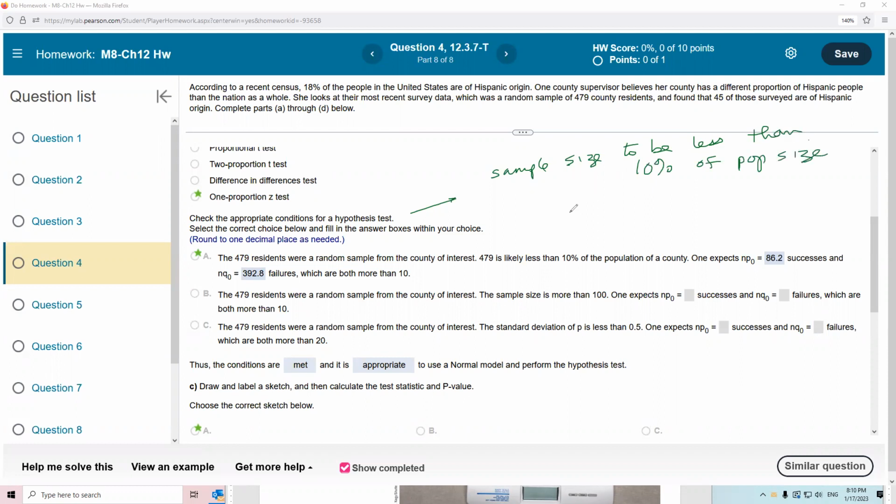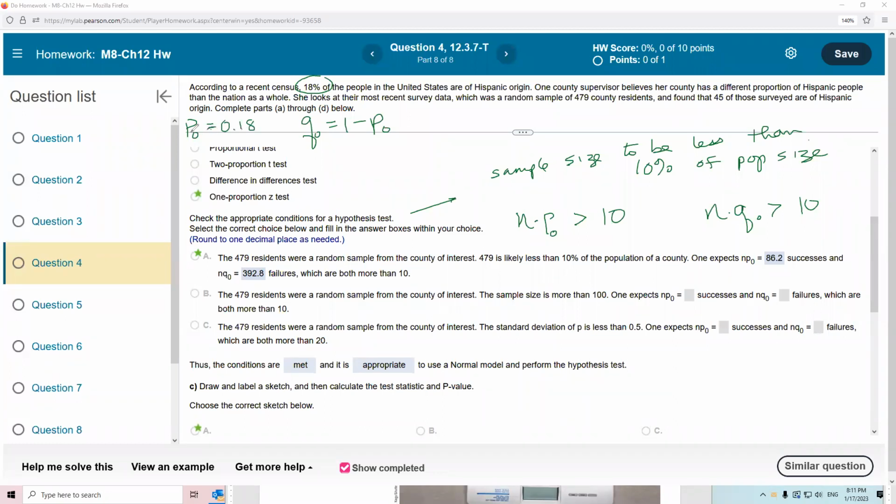And if we take n times the proportion used in the null hypothesis, we write that as n times p0, we want that to be at least 10. And n times q0 is at least 10 also. q0 is just 1 minus p0. In our example, p0 is 0.18.